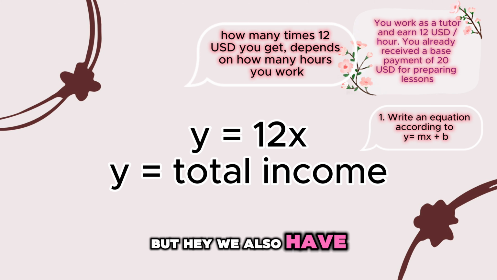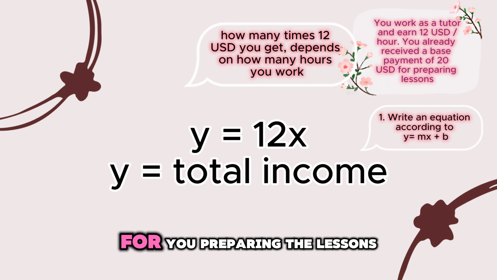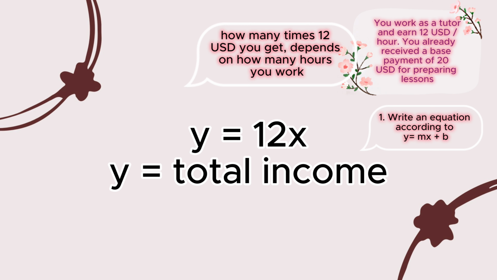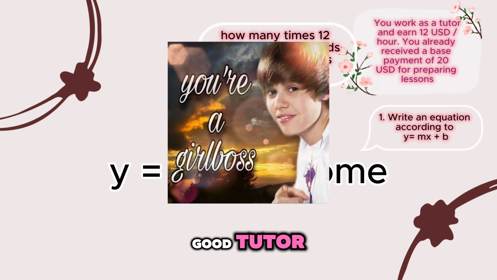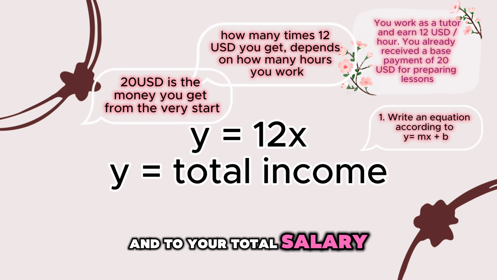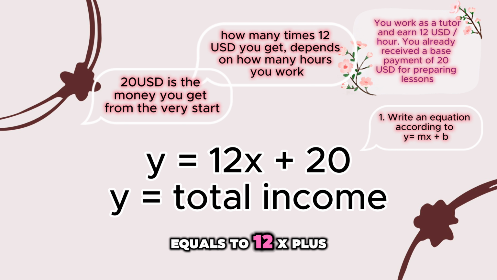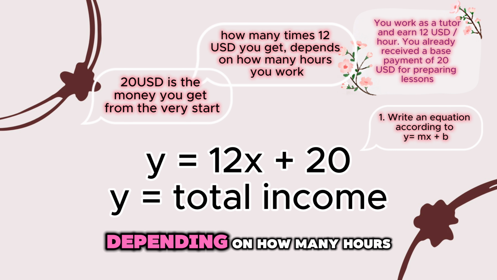But hey, we also have the base payment of $20 for preparing the lessons, because you're being such a good tutor. So now we have to add that to your total salary. So now we have y equals 12x plus 20.